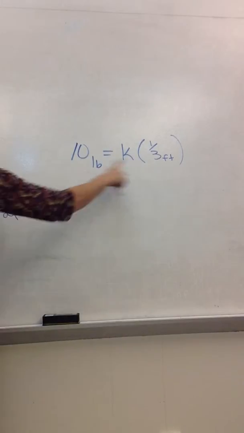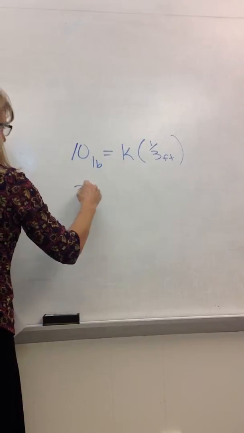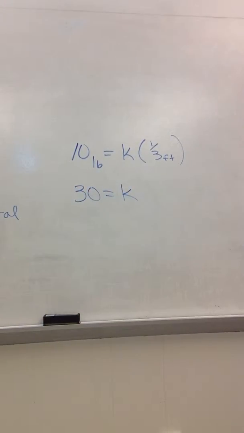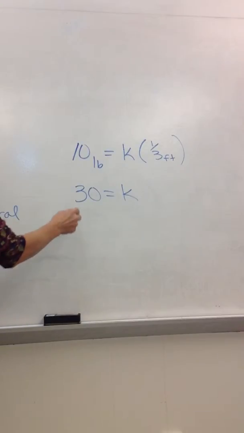That little piece of information tells us that 30 is the k. Does everybody see what I did to get 30? We multiplied both sides by 3 to cancel the 1/3. So 30 is the k for this particular spring.